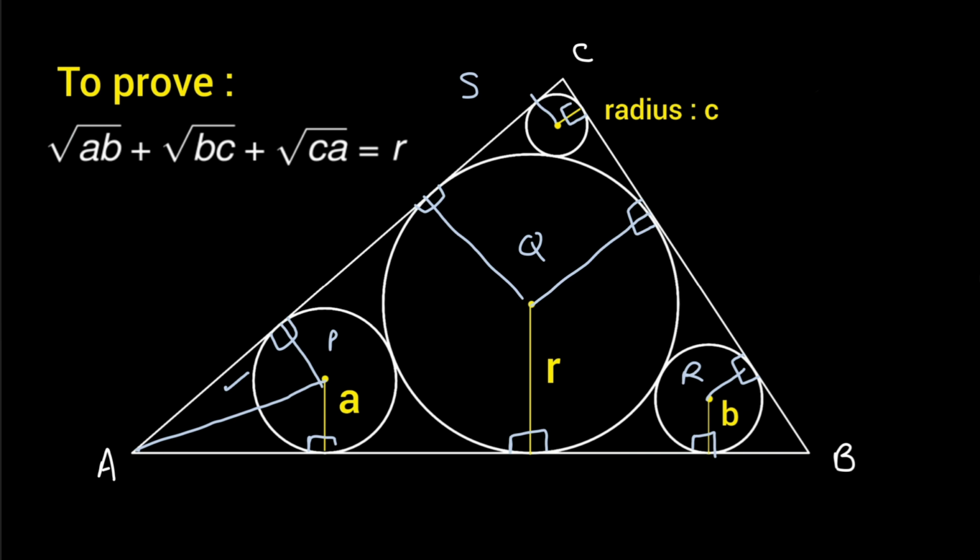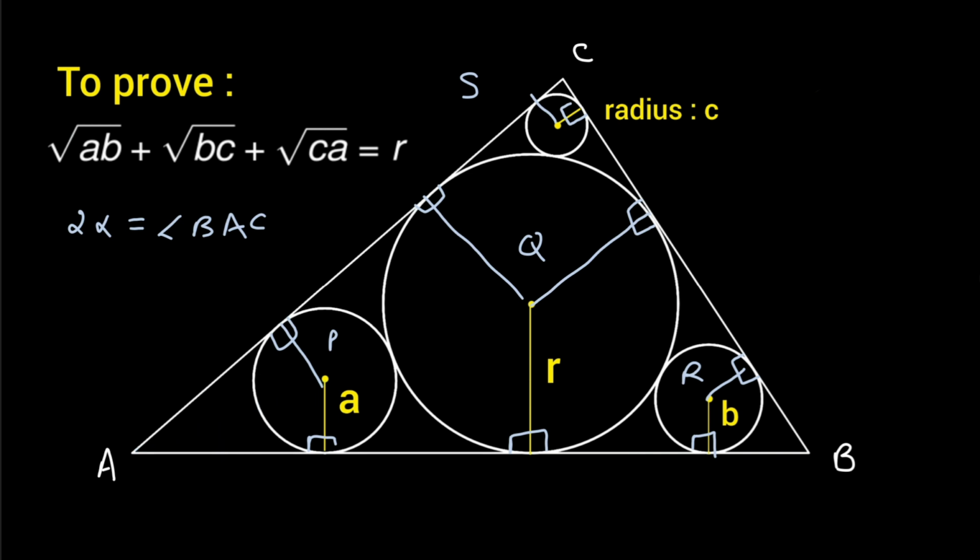Once two triangles are congruent, the rest of the things between them become equal. So this and this angle become equal, and let it be equal to alpha. So 2 times alpha is the angle BAC.